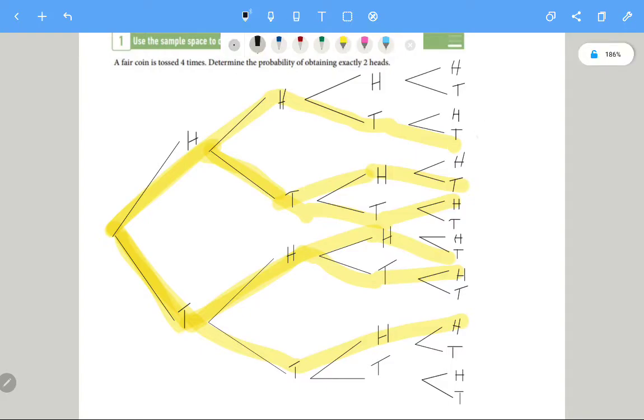And those are the outcomes, and we can write them down. And we can see these are all of the different outcomes in which you're getting exactly 2 heads.